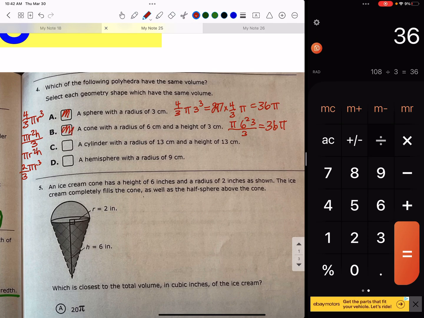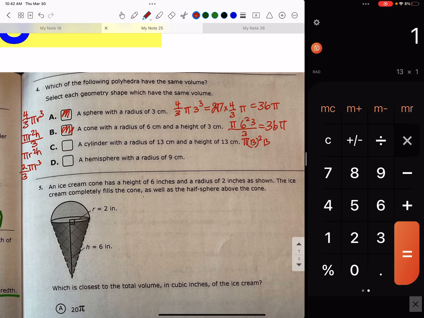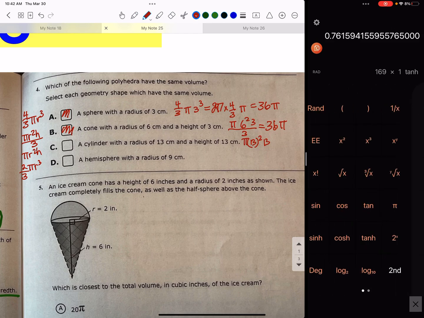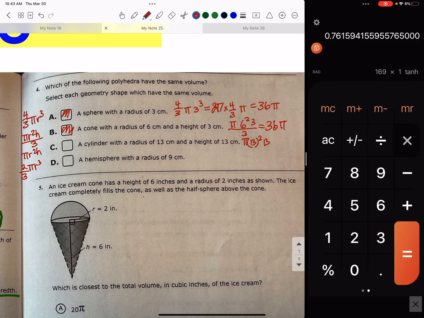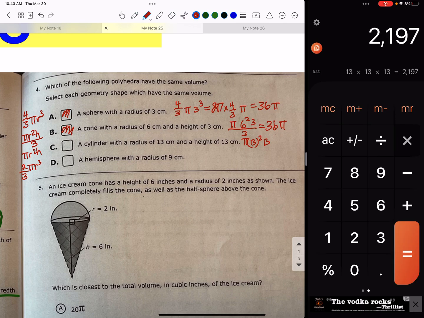Okay, let's keep going. A cylinder with a radius of 13 and a height of 13. This is pi times 13 squared times 13. Oops. Clear. 13 times 13 times 13, actually.